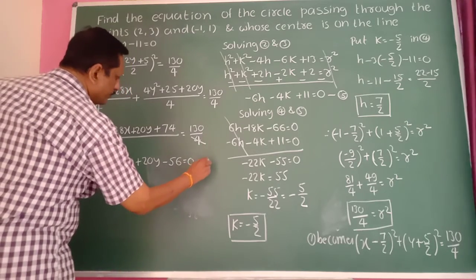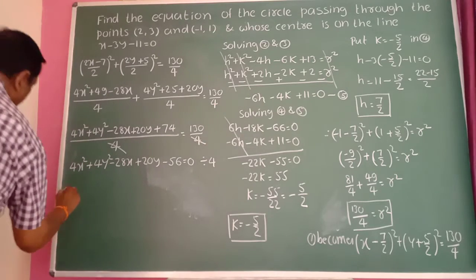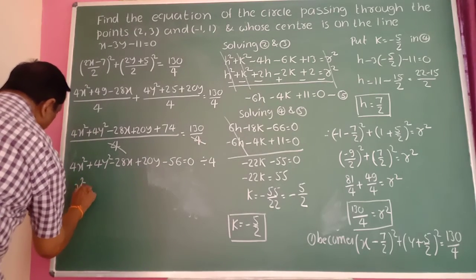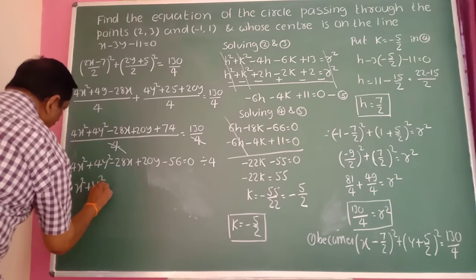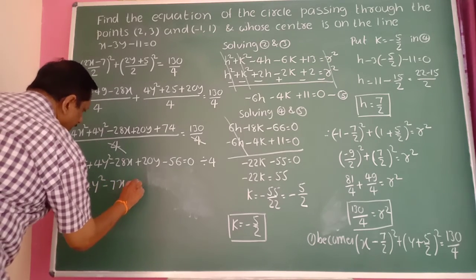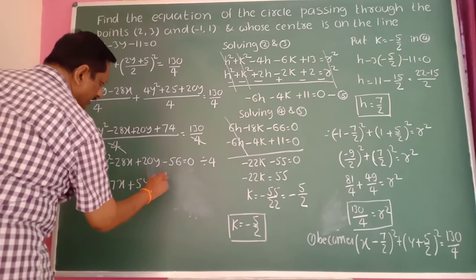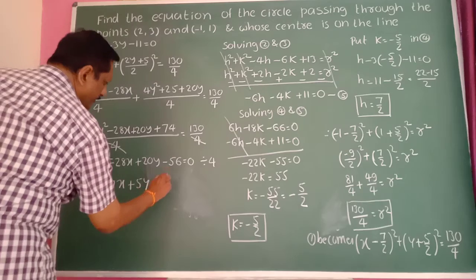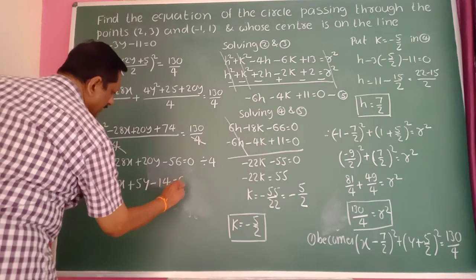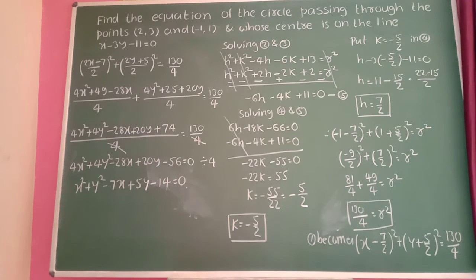Then dividing both sides by 4, we get x square plus y square minus 7x plus 5y minus 14, equal to 0. So this is the required equation of the circle.